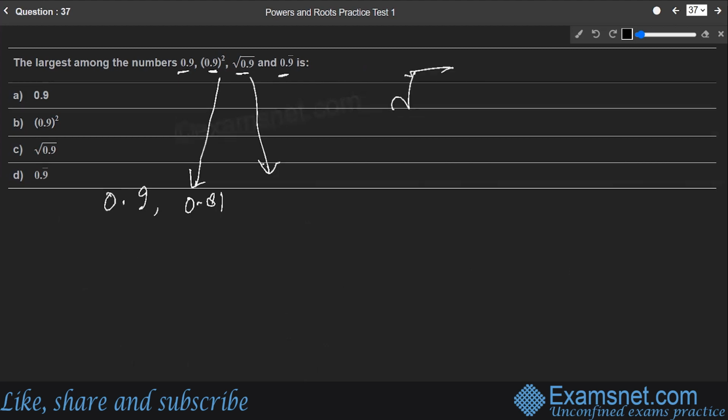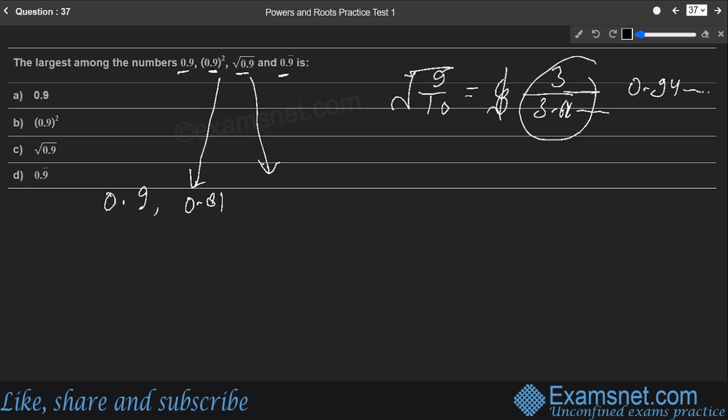So we are supposed to find under root of 9 by 10, which is nothing but under root of 9 is 3, and under root 10 is 3.16 in a long chain. So it's going to be 3 by 3.16. If we divide 3 by 3.16, we receive a final value of 0.94, and that is also rounded off. So the third number is going to be 0.94.